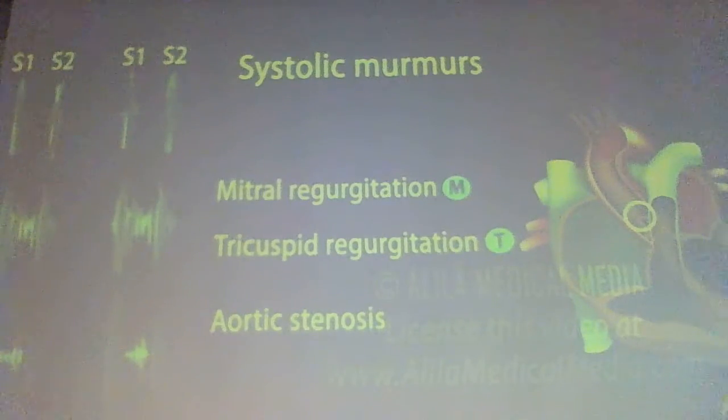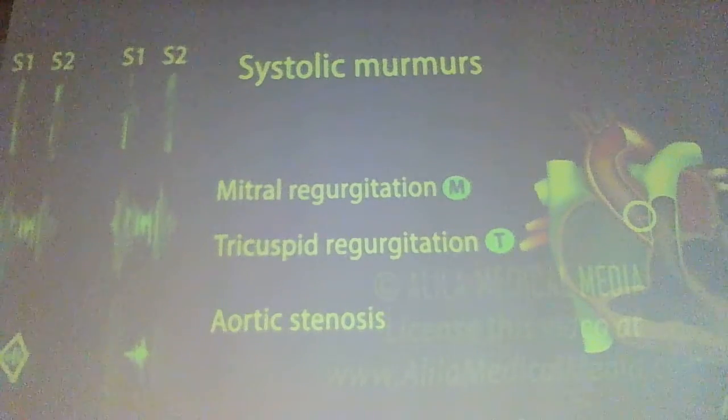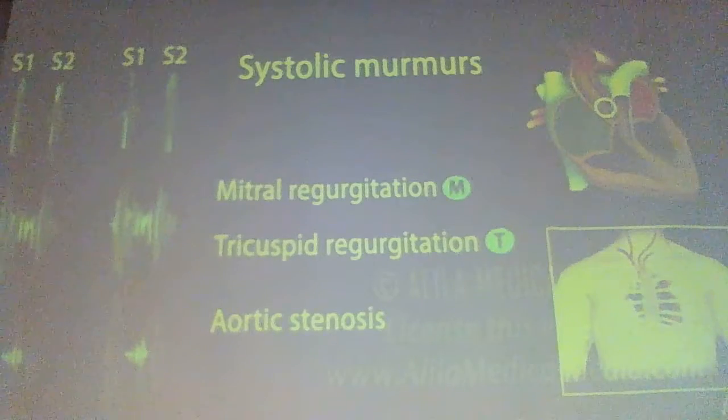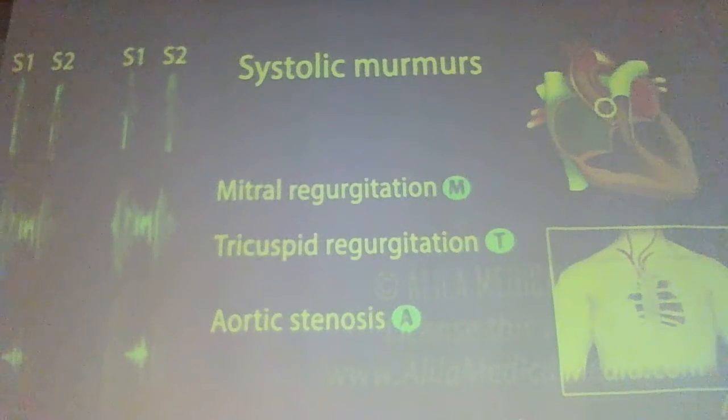This results in a crescendo-decrescendo, or a diamond-shaped murmur, which starts a short moment after S1. It is often preceded by an ejection click caused by the opening of the stenotic valve. Aortic stenosis murmur is loudest in the aortic area, and the sound radiates to the carotid arteries in the neck following the direction of blood flow.